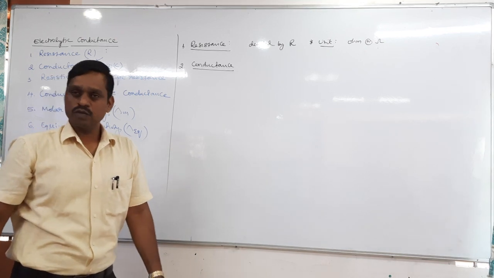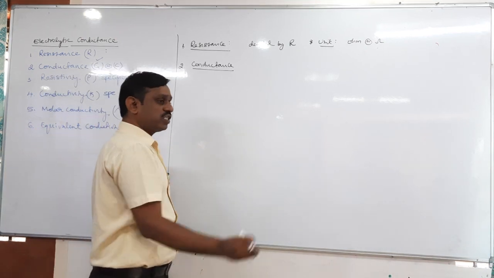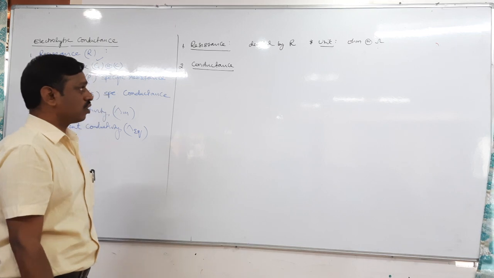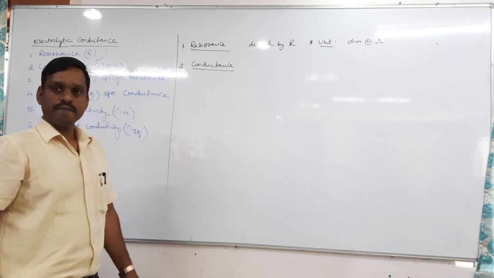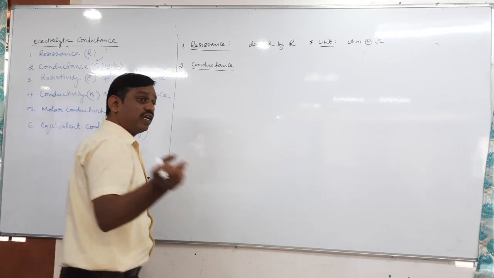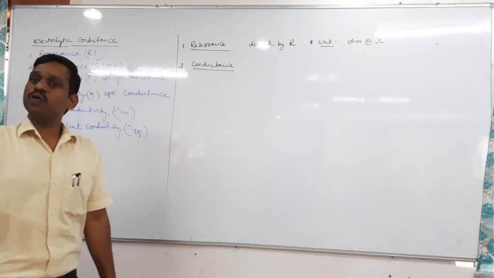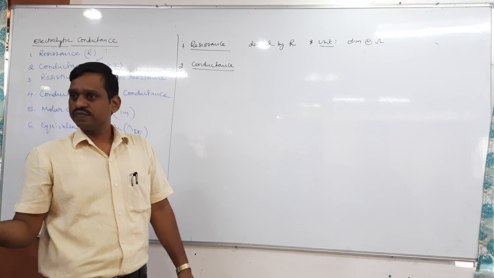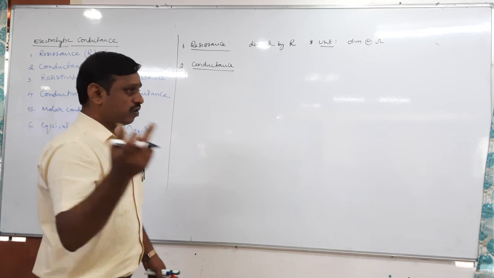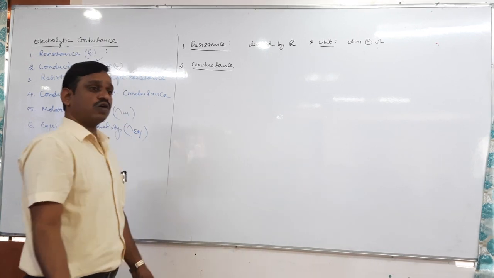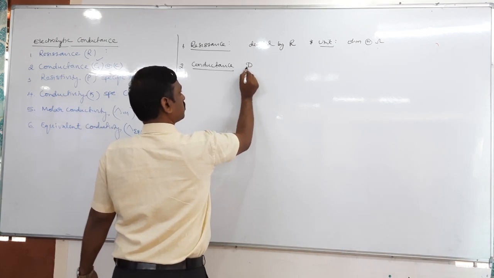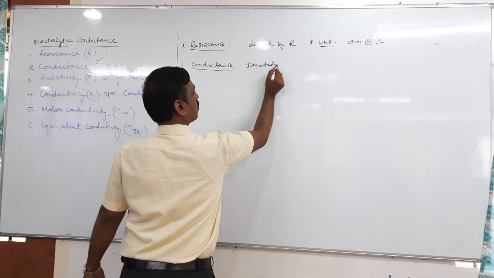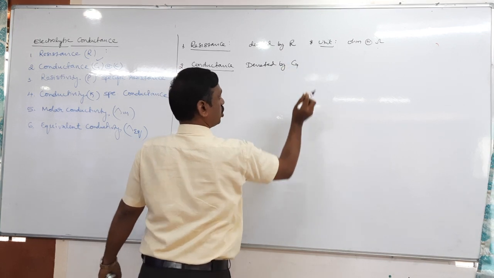Therefore, the property of the substance which allows the flow of electric current through it is called conductance. Conductance can also be defined as the reciprocal of resistance. It is denoted by letter G.